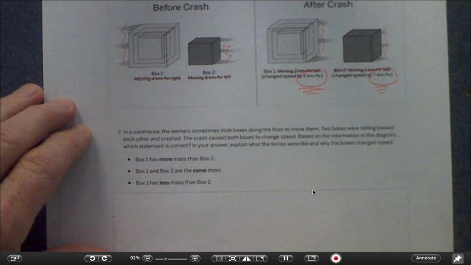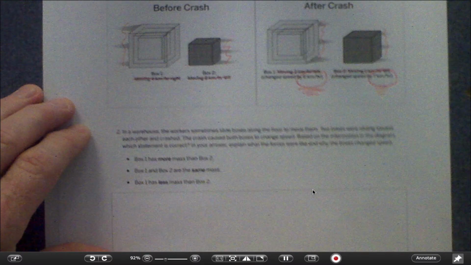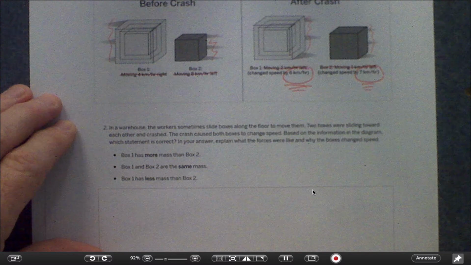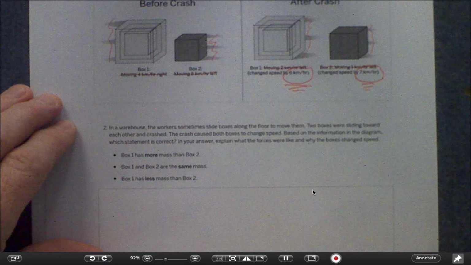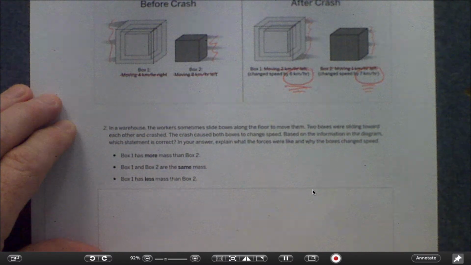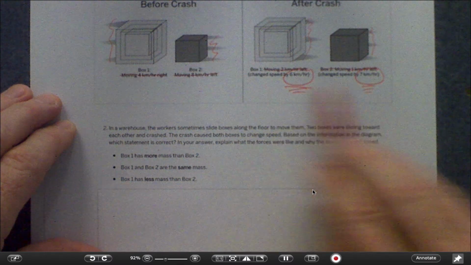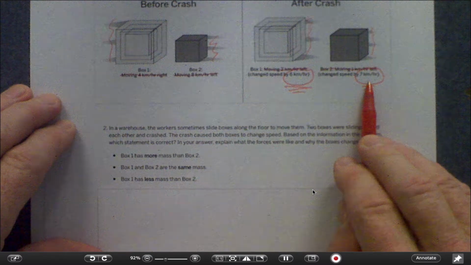So the first one is, well, what's Newton's first law got to do with this? Well, Newton's first law says that you won't have a change or an acceleration unless it's acted on by a force. The fact that you have a change in what the boxes were doing, that's Newton's first law.